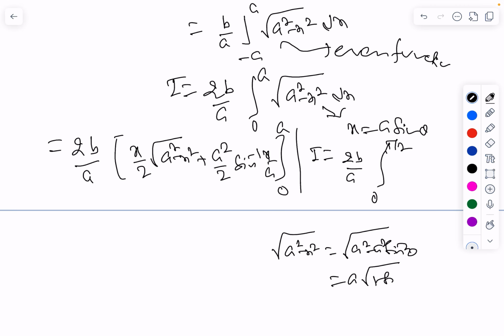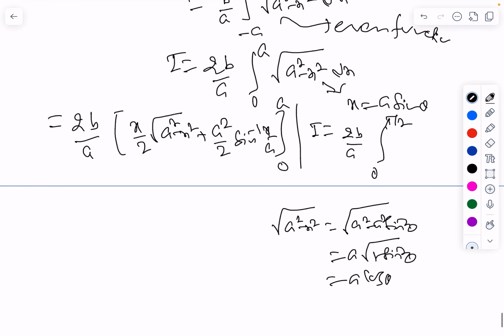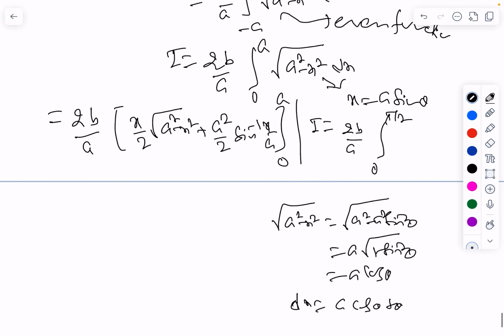A root 1 minus sine square theta, so that is a cosine theta. And dx, x is a sine theta, so dx is also a cosine theta d theta. So this is a cosine theta, and this is a cosine theta d theta.